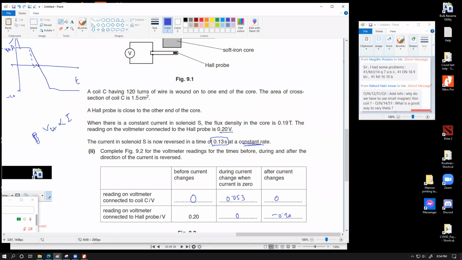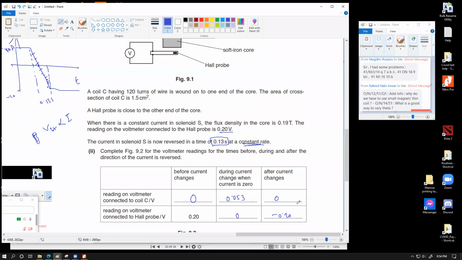And the entire duration of this change from here through here is 0.13 second, this whole duration. But for this entire duration, you're going to get a constant voltage output, the same everywhere, because you're going to have a constant drop of current. Do you get my point? Yes, sir. The rate is constant. That's why we're going to get a constant value.